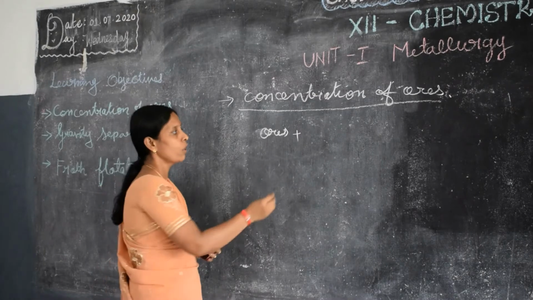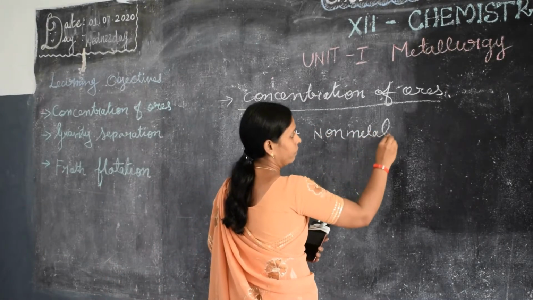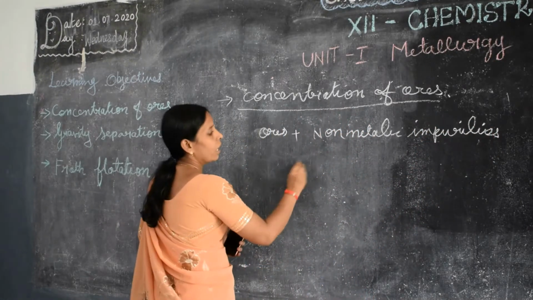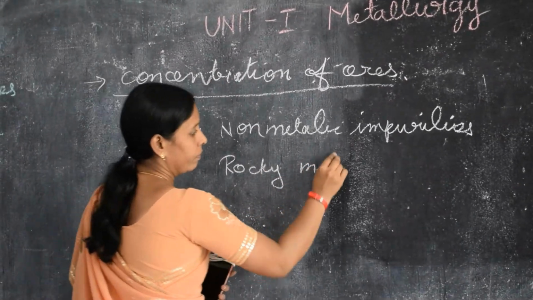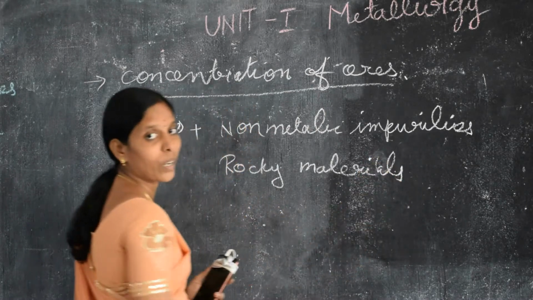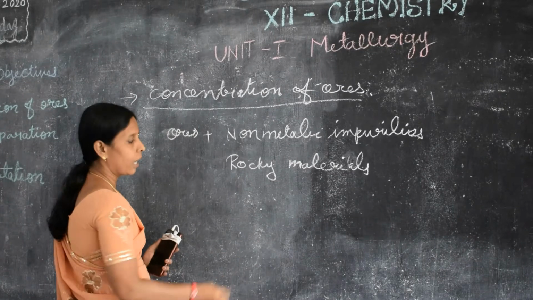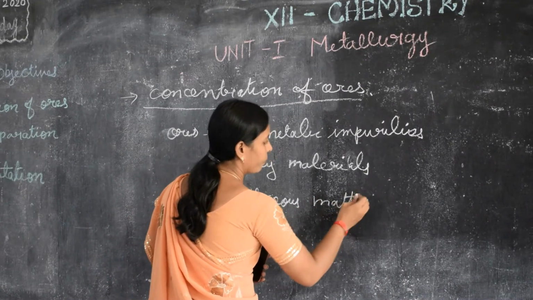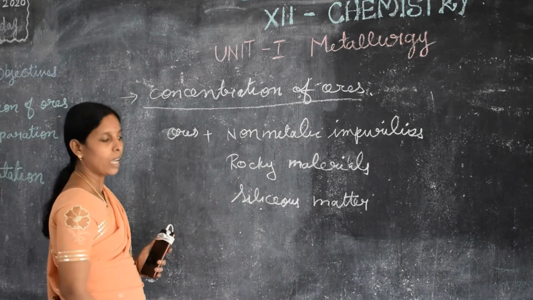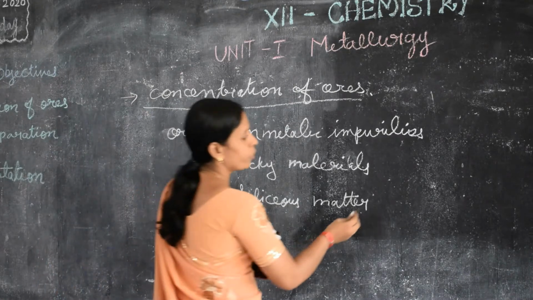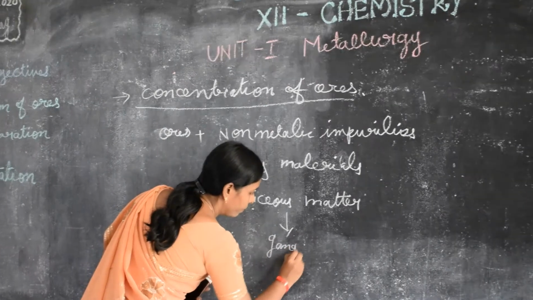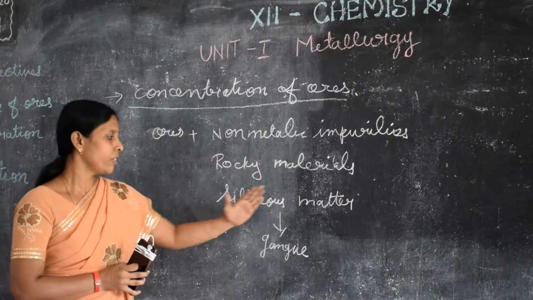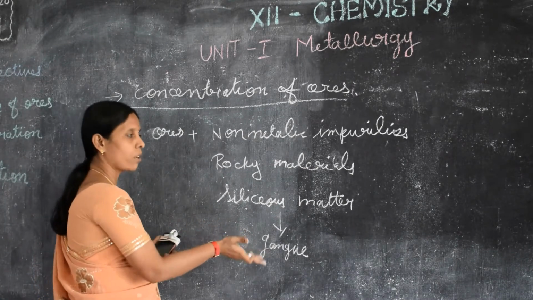Impurities also associate, that is non-metallic impurities, rocky materials and siliceous matter, which are collectively known as gangue particles. Gangue particles are also called impurities.